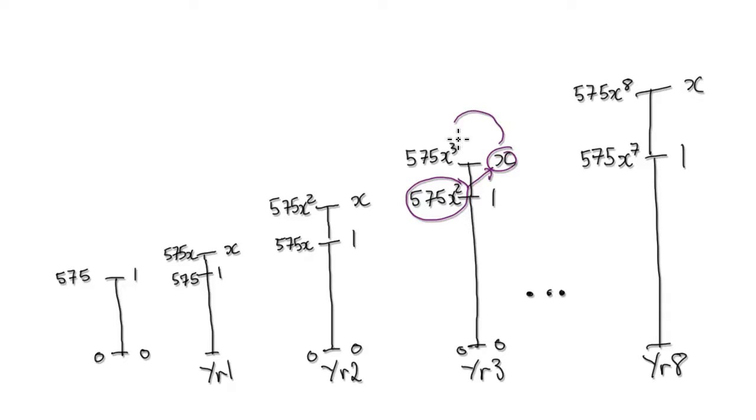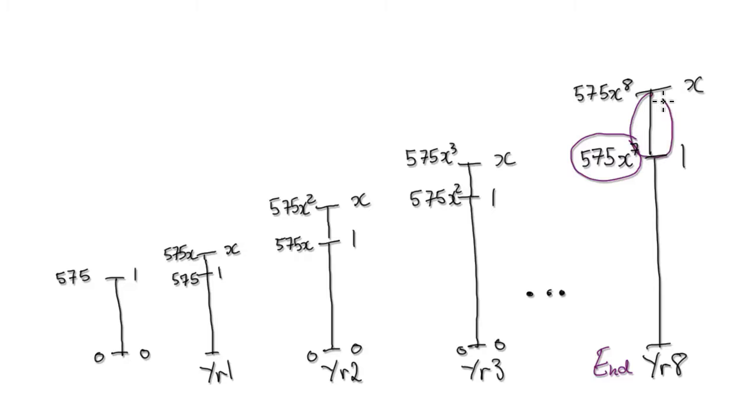That will then give you 575x to the power of 3. And then it's going to be dot, dot, dot. So at the start of year 8, you have this much. And then at the end of year 8, the bank's going to give you an extra bit of interest, so you would get this times this to give you this.